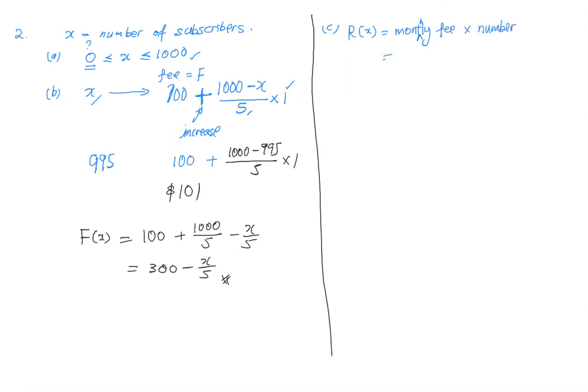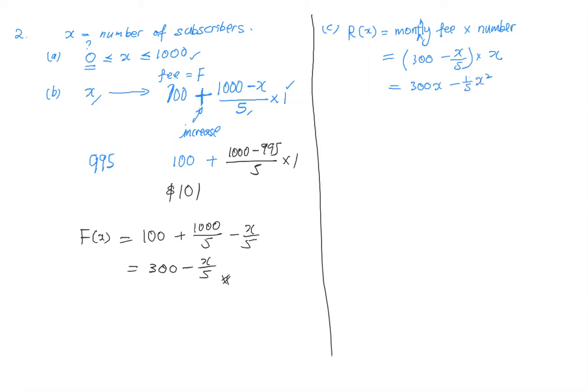Your monthly subscribing fee is 300 minus X over 5. You must write down this step. Then the number of subscribers is X. If not, you won't get the mark. So you get 300X minus 1 over 5 X squared.